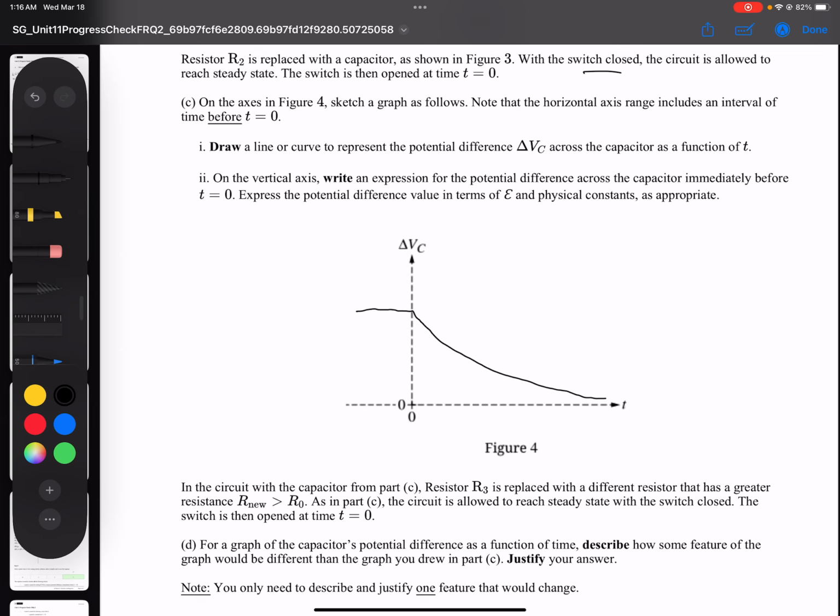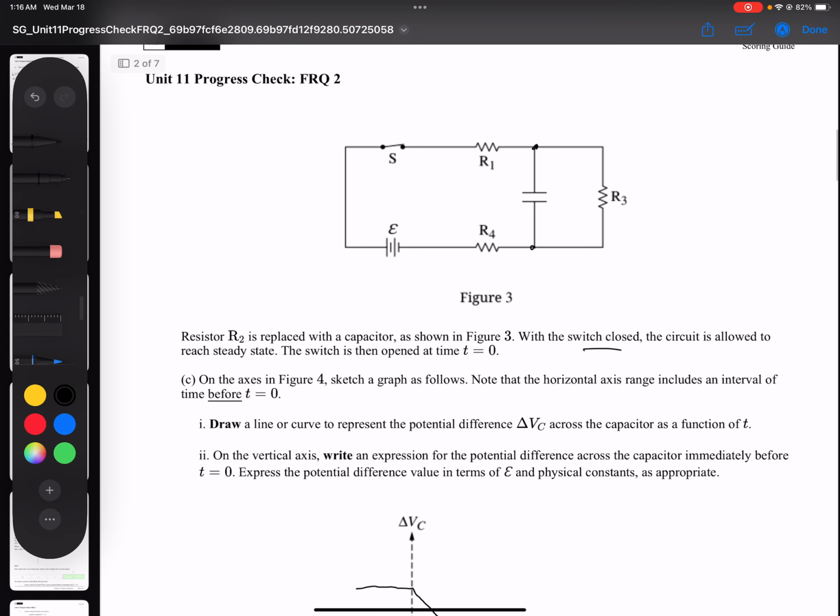But now what's the value of the voltage across the capacitor? Well, I know that once the capacitor is fully charged, it has to have the same potential difference as the resistor R3, okay?